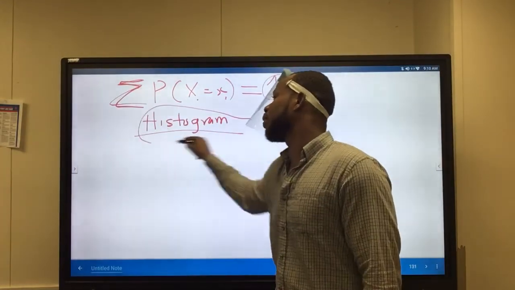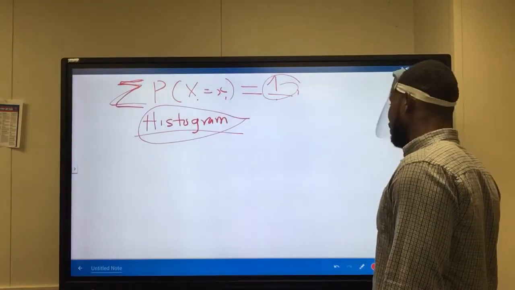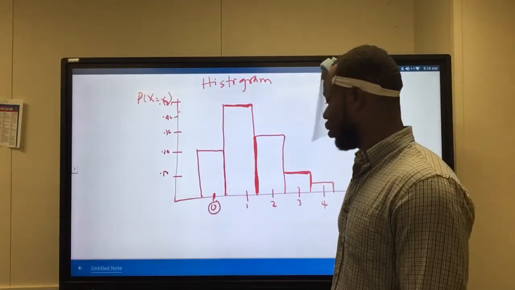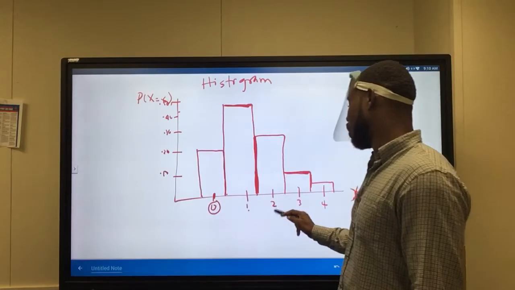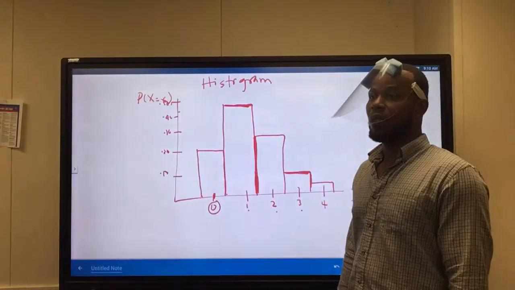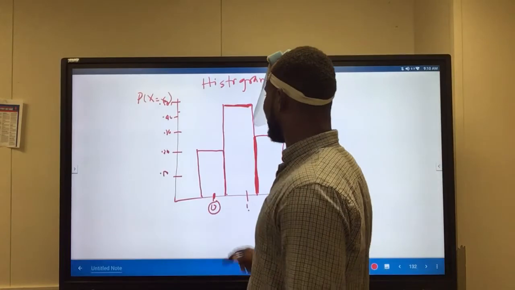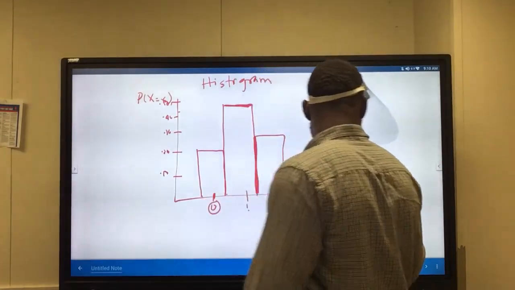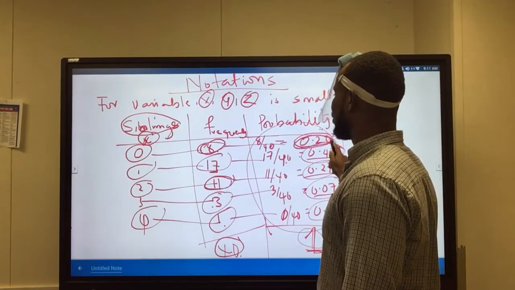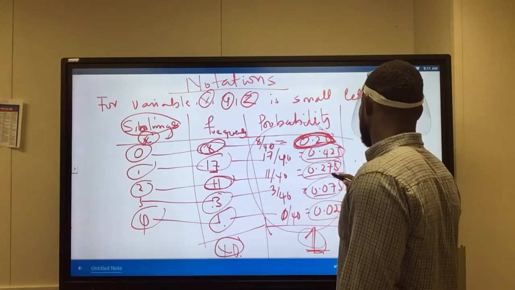The next thing we want to discuss is the histogram. Based on what we already have, this is how we draw the histogram. This is when a family has no siblings at all, or only one sibling, or 2 siblings, 3 siblings, or 4. We notice that for the first family the probability was 0.2.